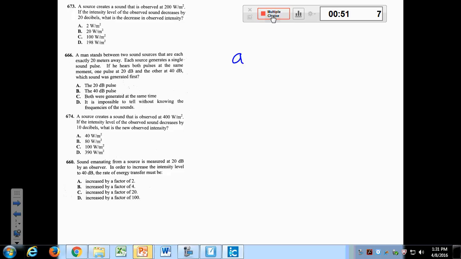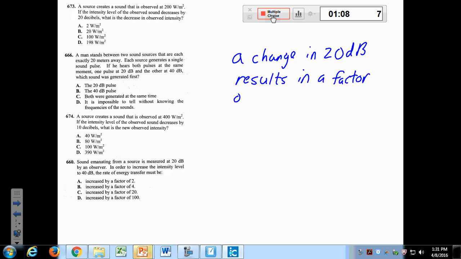A change of 20 decibels results in a factor of 100 change in intensity. So if I have a change of 20 decibels, that means my sound intensity is going to decrease by a factor of 100. A multiplicative factor, not an additive factor. I'm sorry if that was confusing.